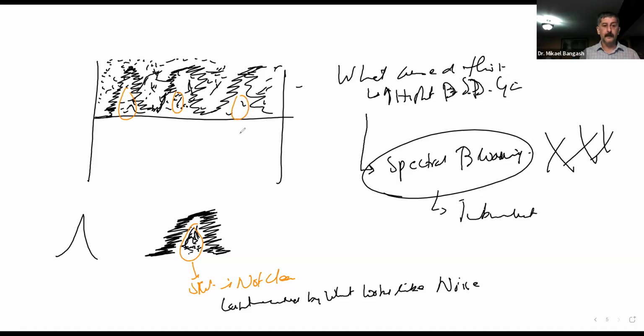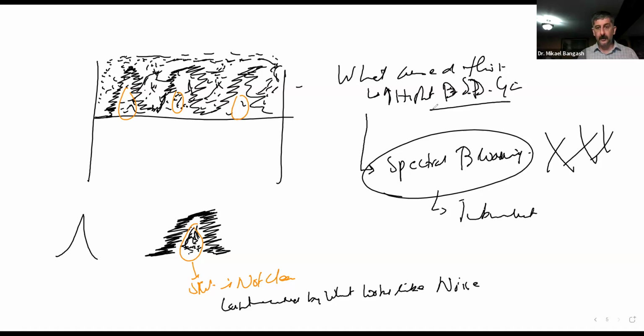They were not clear mainly because they appeared filled by what looks like noise. You can say yes, it very well could be noise. But you also see noise in other areas of the spectrum outside the spectral window.